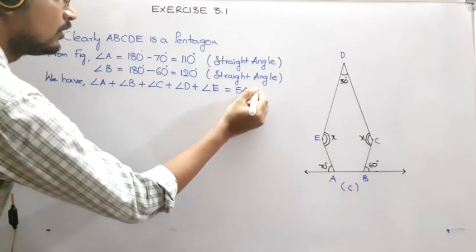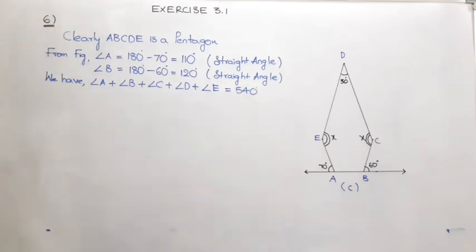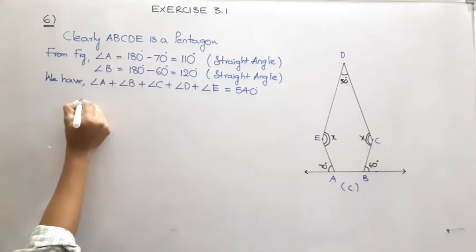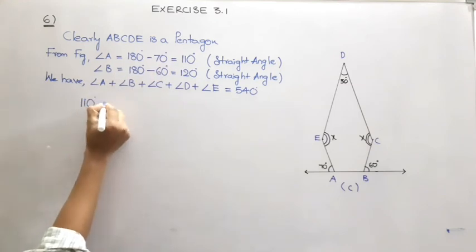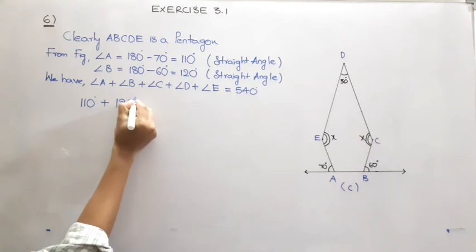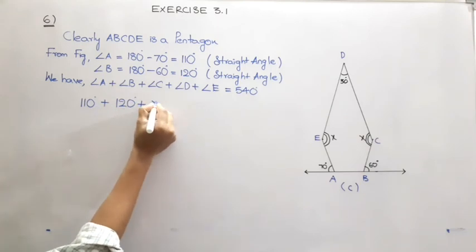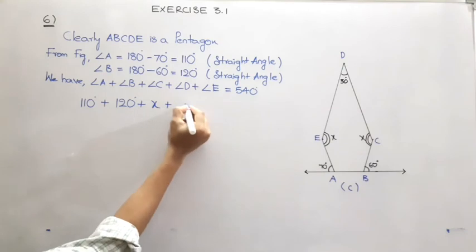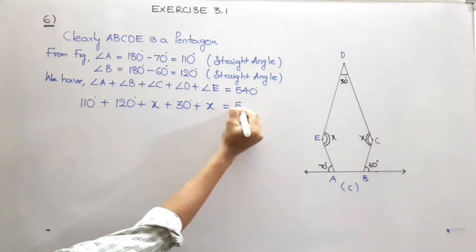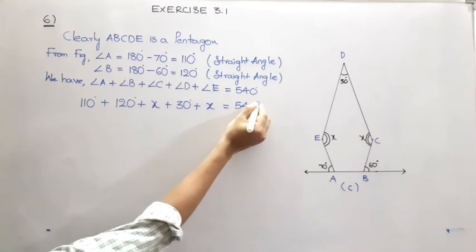As I told, being a pentagon, the sum of the angles is 540. Now look, what is the value of each angle here? We have 110 degrees plus 120 degrees plus C is x, and D is 30 degrees, and E is also x, and the sum is equal to 540 degrees.